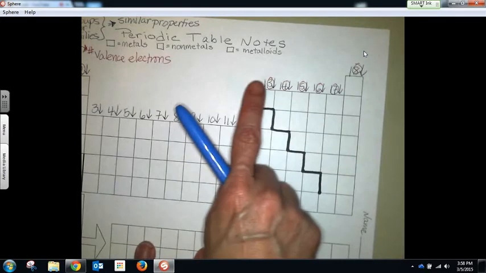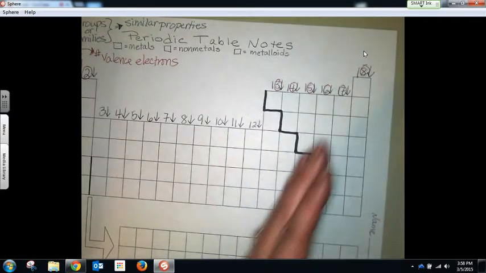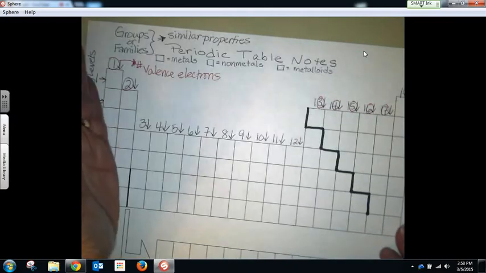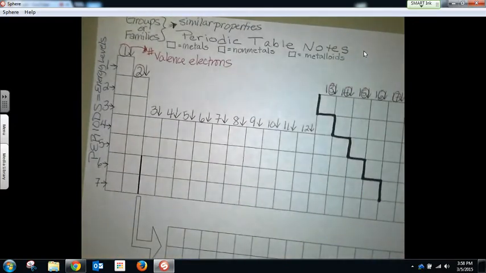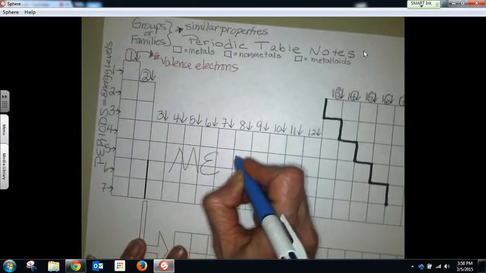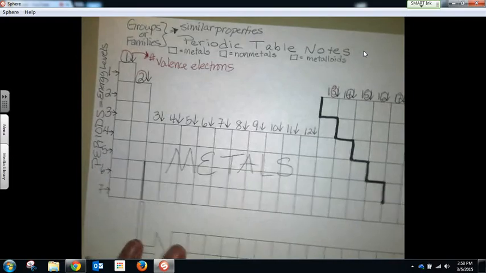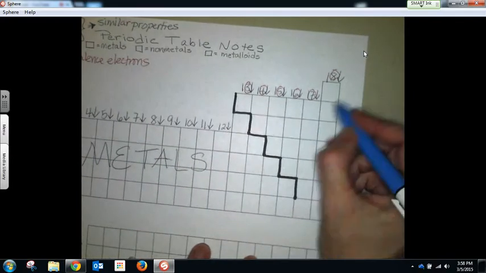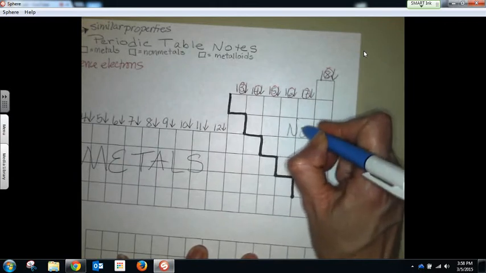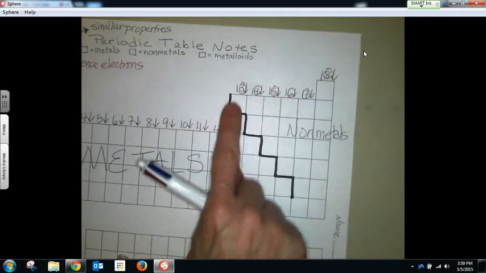Right now, we have a staircase line going down, and that separates the huge section to the left that are the metals. So let's go ahead and label these metals. To the right, we have nonmetals. Again, all separated by the staircase line.